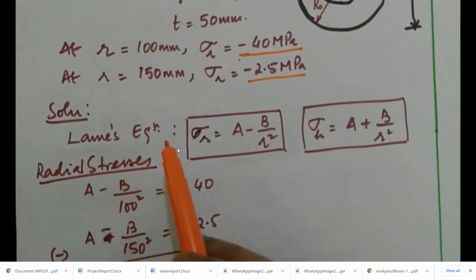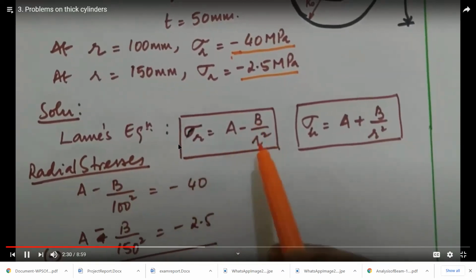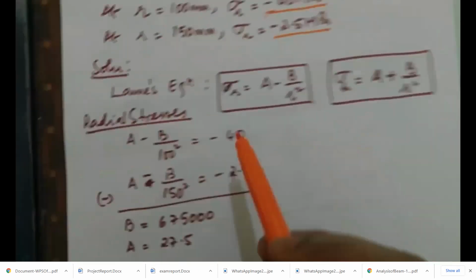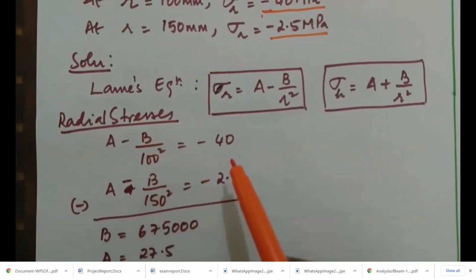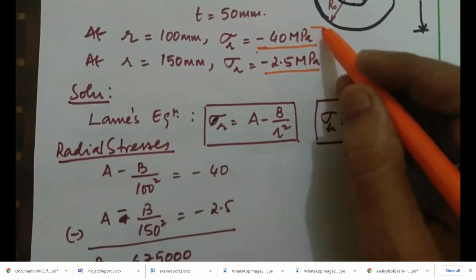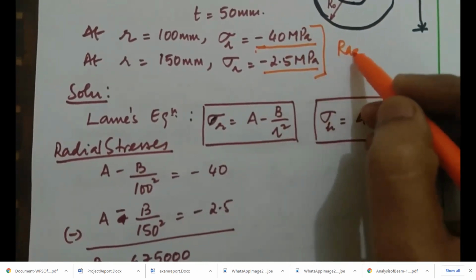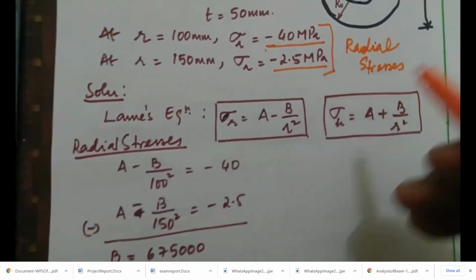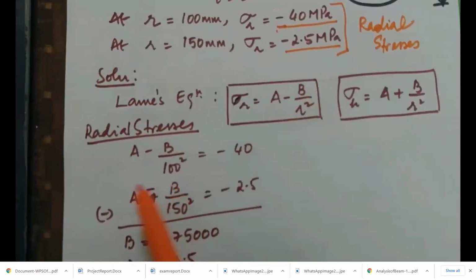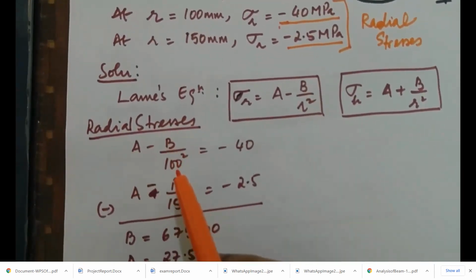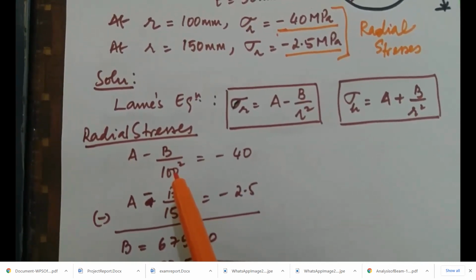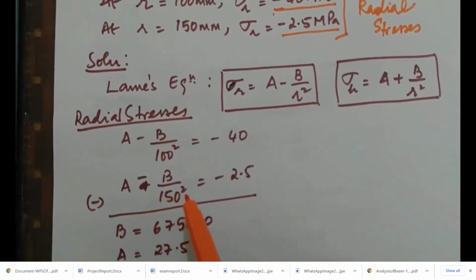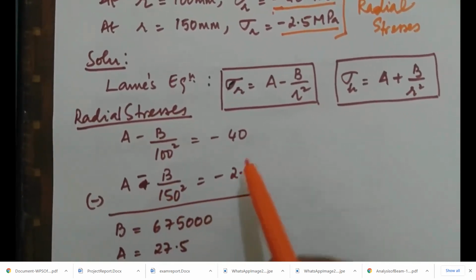Now the solution, we invoke Lami's equations. Radial stress is equal to A minus B by r square and hoop stress is equal to A plus B by r square. We have information on the radial stresses. We write this in Lami's equation: A minus B upon r inner square, that is 100 square, is equal to minus 40, and A minus B by 150 square is equal to minus 2.5.